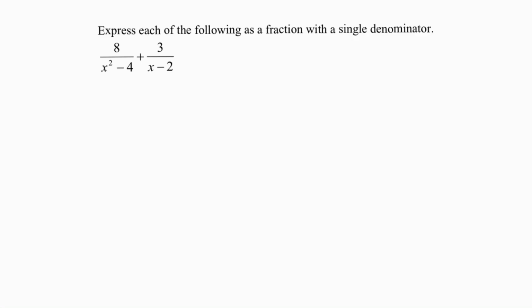Hello everyone, welcome to this video where we are required to express as a single fraction with a single denominator. And the very first thing I start to see is that if we can factorize, we factorize.